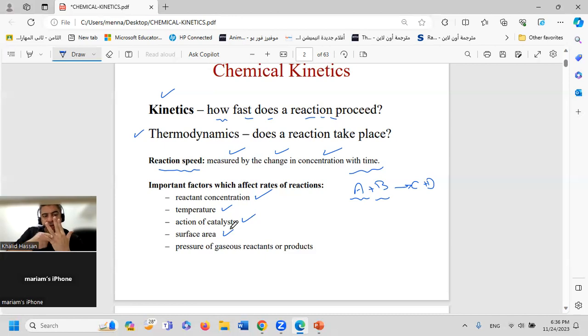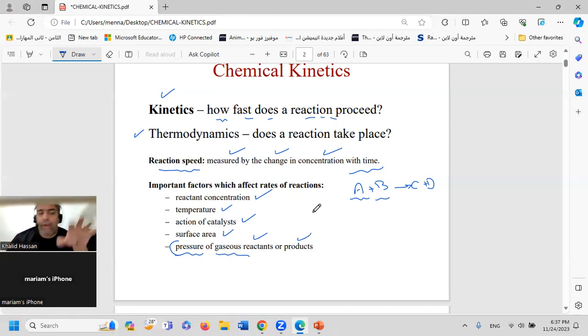So more surface will be exposed to each other, so more chemical reaction is expected. The last one is for gases. The activity or power of the gas is measured by the pressure. So the pressure will affect the reaction speed of gaseous reactants or products.